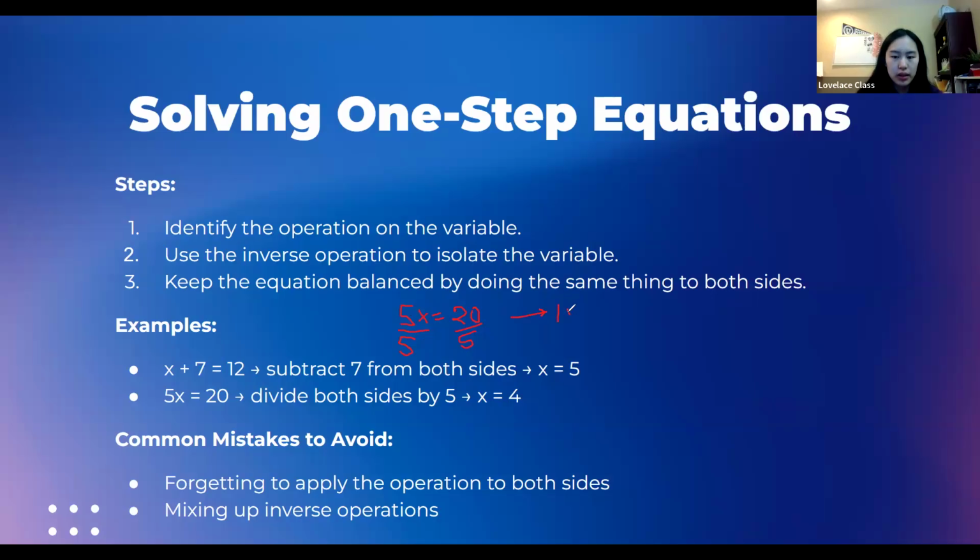So that's 1 times x, and that equals 20 divided by 5, and 20 divided by 5 equals 4. And 1 times any number is itself, so 1 times x is just equal to x. So that's how we find x equals 4.